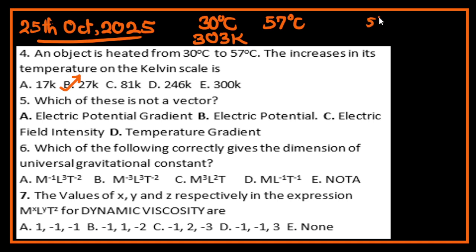If you had added 273 to this, that would have been 330 Kelvin. So if you choose to do a subtraction there, that's going to give you 27. So change in temperature there is 27.